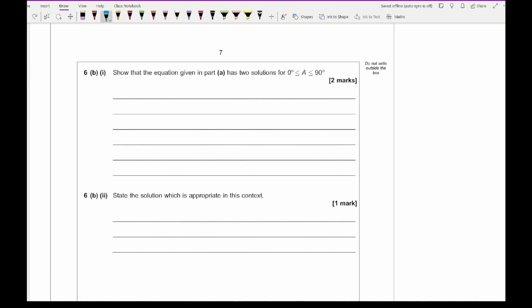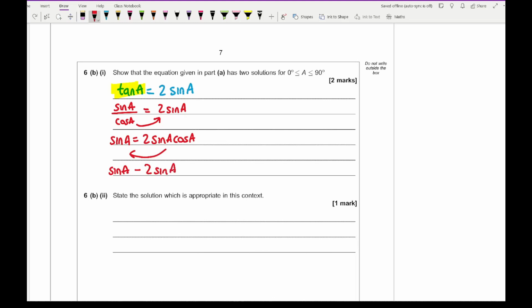So for this, if I write down the equation, tan A equals 2 sine A, using a trig identity, I know that tan can be written as sine A over cos A, which is equal to 2 sine A. I take the cos A over to the other side, so I get sine A equals 2 sine A cos A. I then take it all onto one side, so I get sine A minus 2 sine A cos A equals 0.